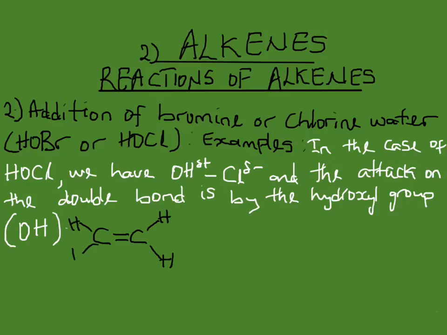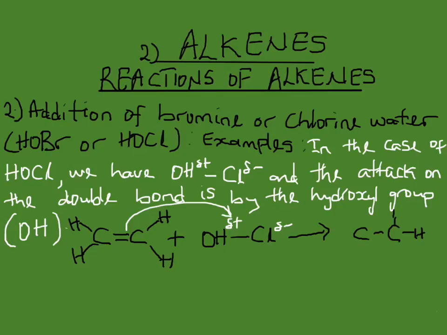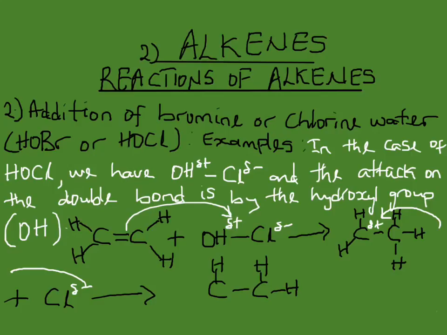Like you can see from the example there, you have ethene reacting with chlorine water. The hydroxy group obtains the positive charge, while the chloride ion obtains the negative charge. It is going to give us 2-chloroethanol. You see it from the reaction, 2-chloroethanol.